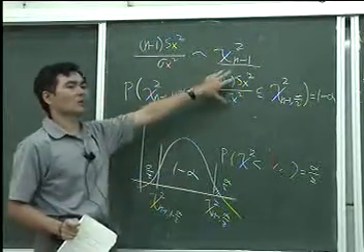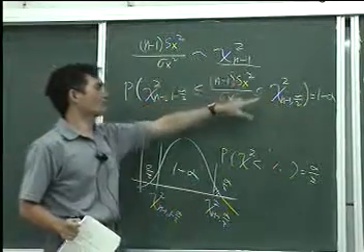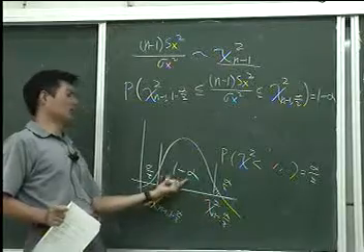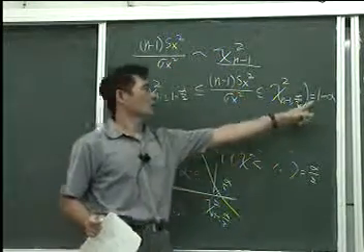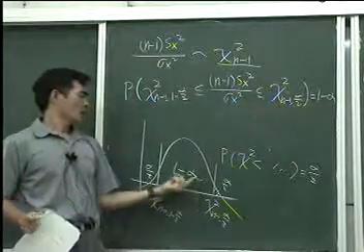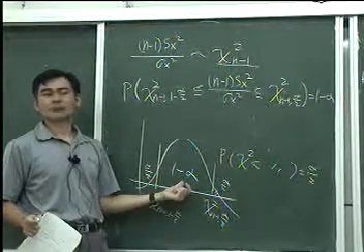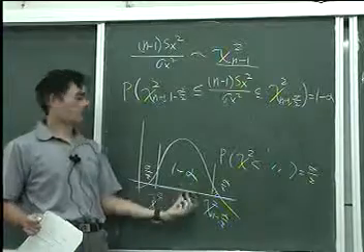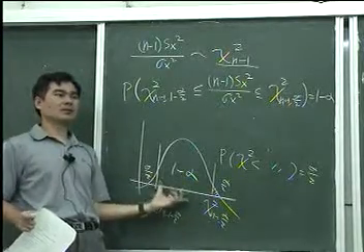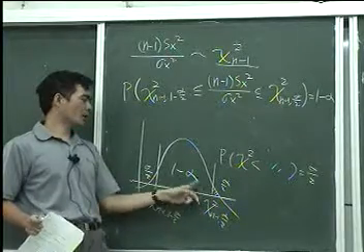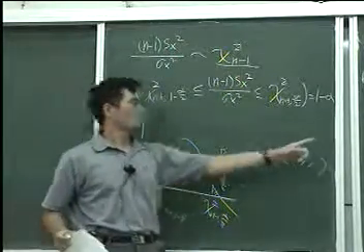So I'm talking about a random variable. When the value is between this and that, what should be the probability? The probability should be 1 minus alpha. So far so good. Are you with me? First we figure out the probability in this area, and then we want to figure out how to get from here to here.